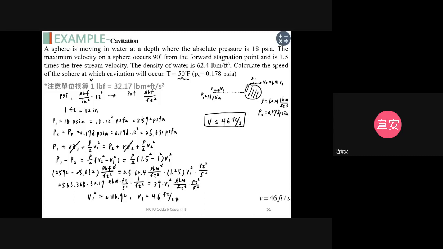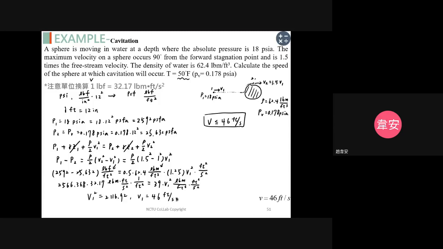Okay, so this is the final exercise related to the cavitation problem. For the cavitation problem, we only need to apply two equations. One is the continuity equation.